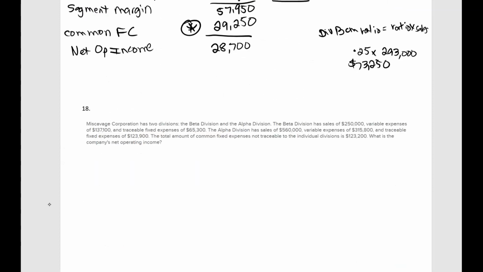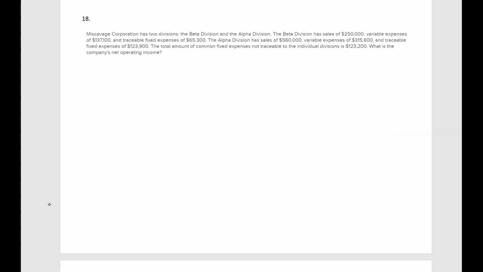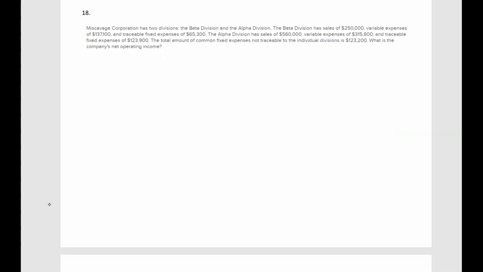And then we have one more like this. And it works the same way. Over here we have Alpha, Beta, total company, and then same thing here.